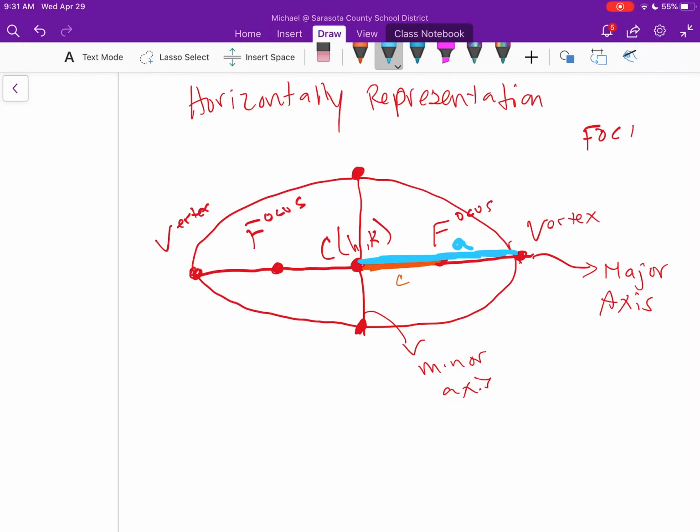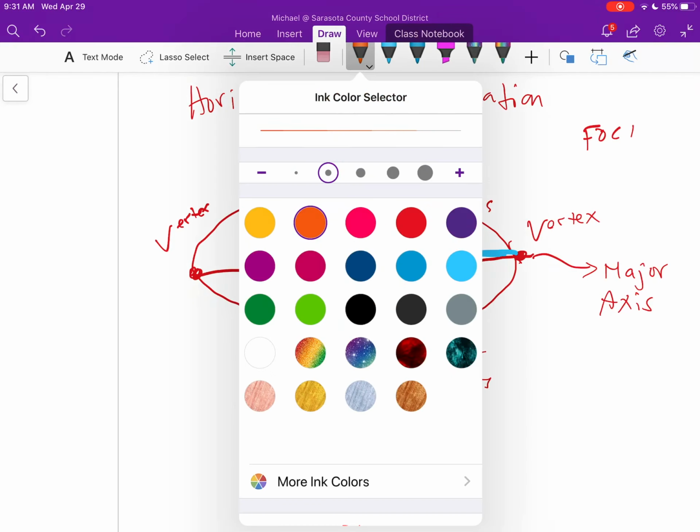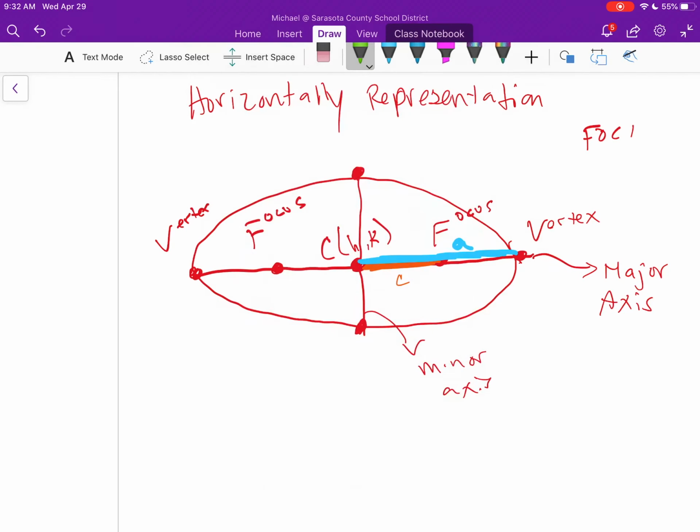That is super, super important. And then finally, there is a secondary distance from the center to the minor axis endpoint that we denote with a lowercase b. Now these are all going to be important in representing the template for our ellipse equation.